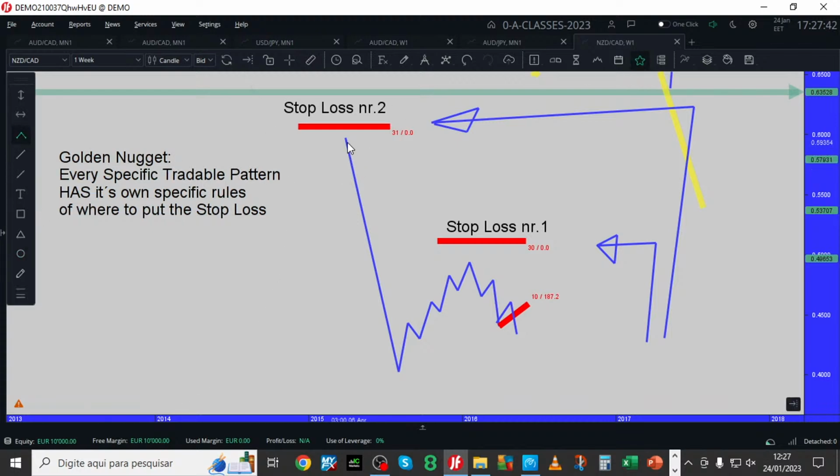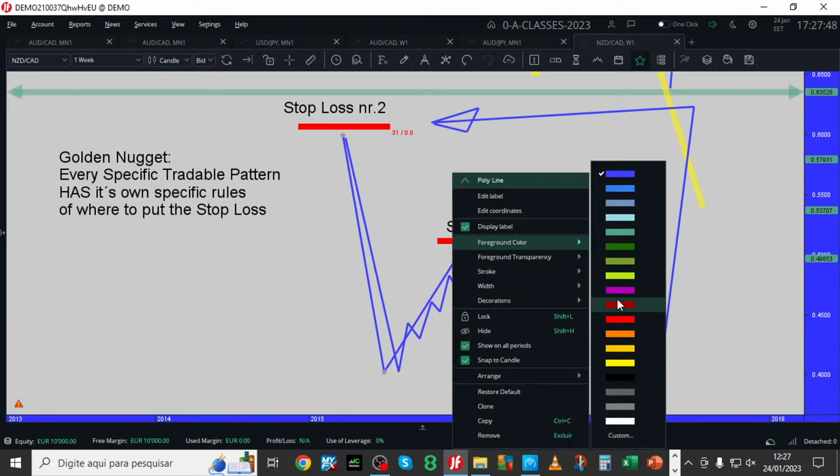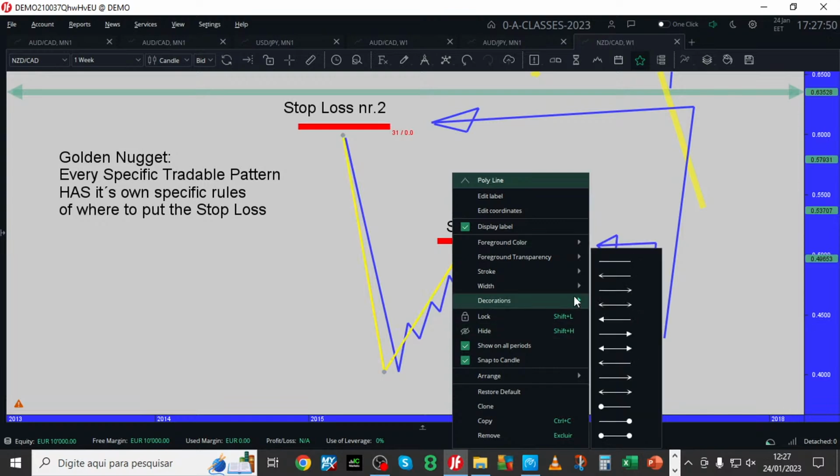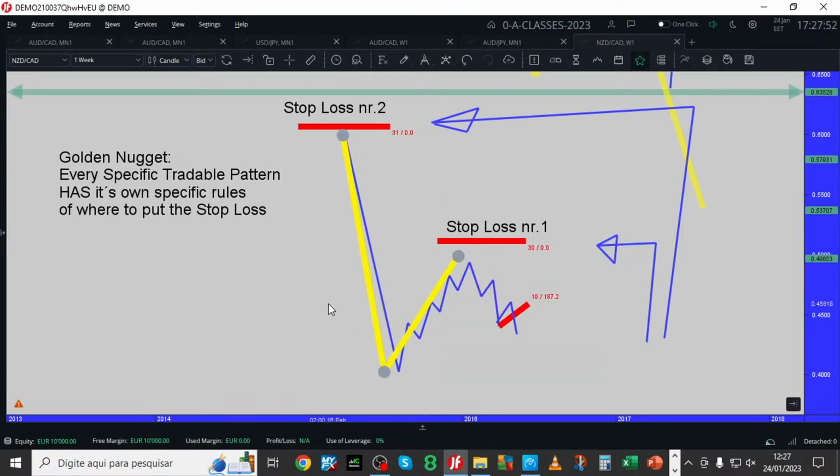Okay, market wave, extension, retracement. Now here is the logic behind. Everybody who is thinking number 1, wrong answer. Everybody who is thinking that the correct stop loss is the stop loss number 1 on the yellow pattern, listen to me very carefully.